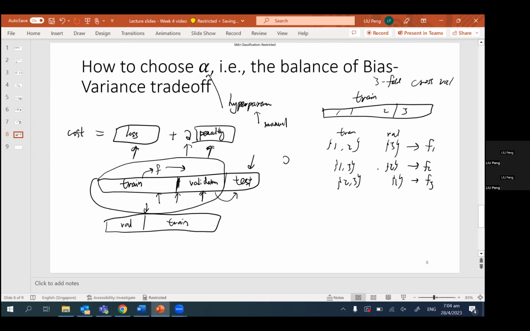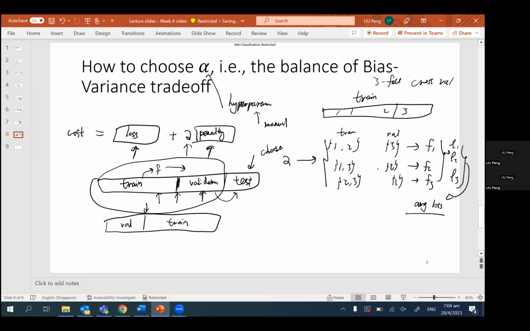So first I choose alpha, and then I divide the data into three folds with 3 different designs, and these give me 3 models. These 3 models have 3 losses, L1, L2, and L3, and then I aggregate them. I take an average, so this is the average loss.